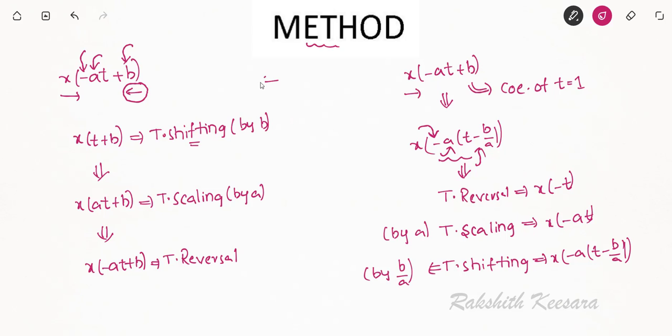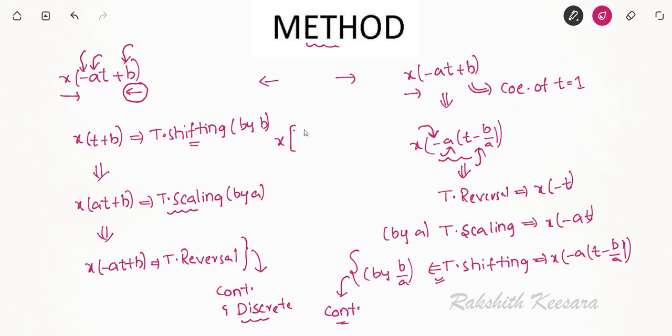These are the two methods you can follow. The first method is applicable for both continuous and discrete domain, while the second method is only applicable for continuous. You cannot apply this method for discrete domain. And while applying the time scaling property for discrete domain, you will face a complication here.